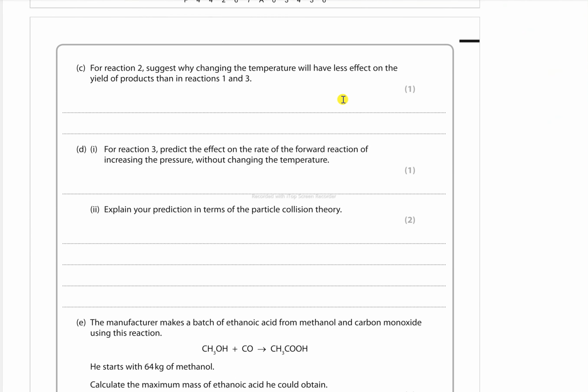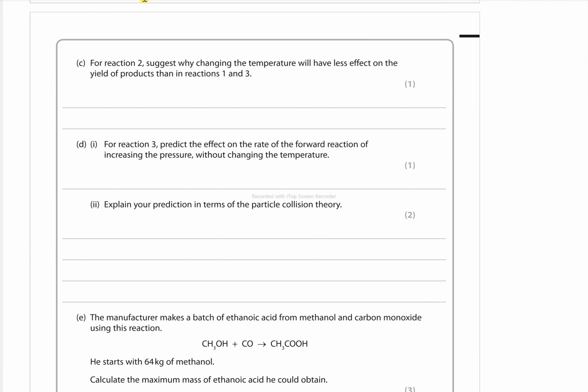So that's the reason. We can say the change in enthalpy is small, so temperature has less of an effect.